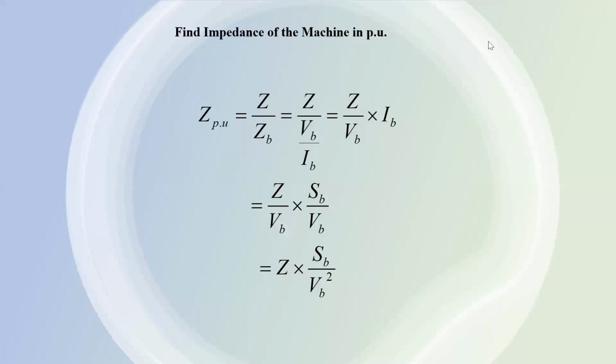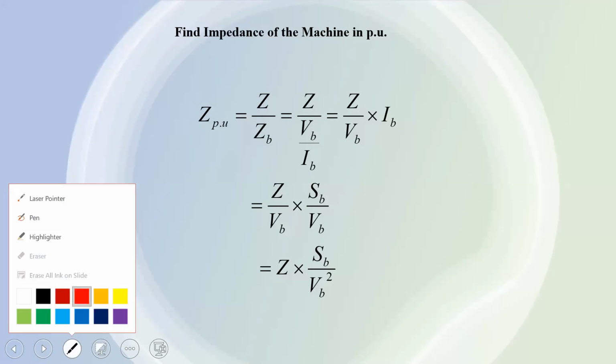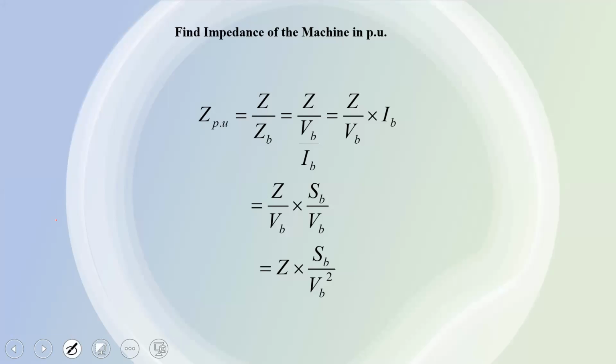In the previous lecture, I discussed the basic concept of the per unit system, how you will convert any power system quantity from conventional unit to per unit. You must remember, the per unit value of any power system quantity A is the ratio of its actual value to its base value.